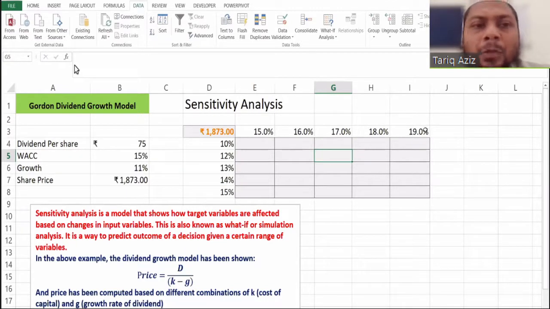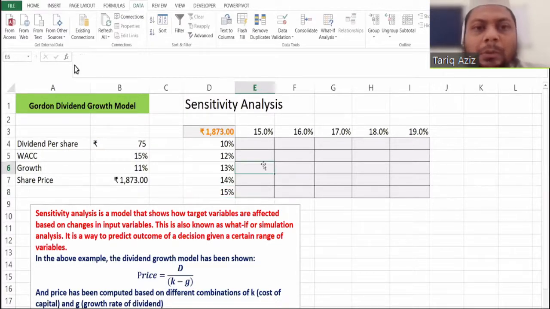The minimum cost of capital will be 15 and the maximum will be 19, or it can vary between these minimum and maximum figures. Similarly, we are guessing that the dividend will grow at a rate of 10% minimum, and at max the dividend can grow at a rate of 15%. So these are the possibilities that we are giving this formula. We want to introduce this kind of flexibility.